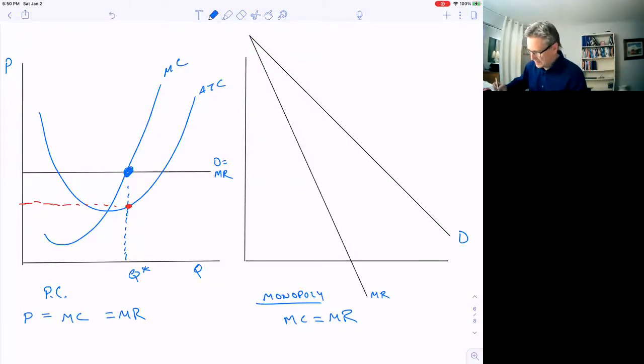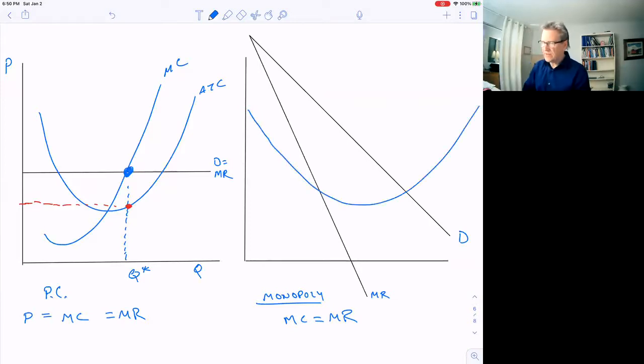Now, for the monopolist, we also have this average total cost curve and a marginal cost curve that intersects at the bottom. And the optimal profit maximizing quantity is where the marginal revenue equals the marginal cost, right here. And the price is not determined by the market because the monopolist is a price searcher.